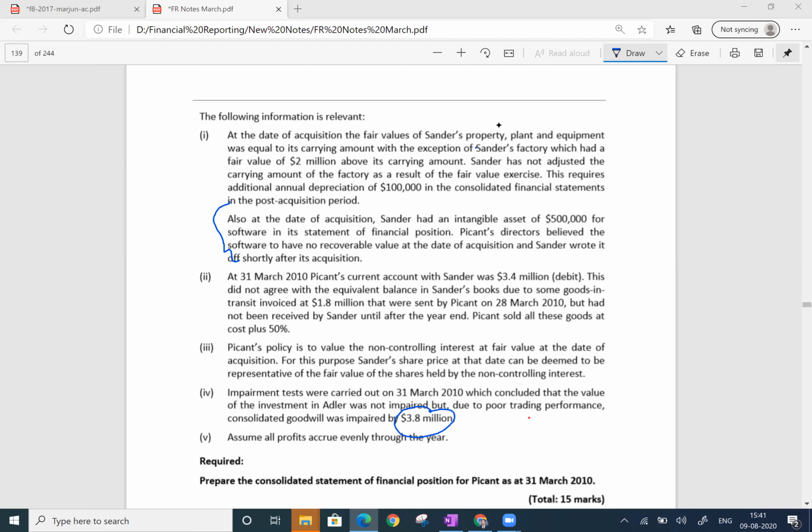But please practice. Why am I saying please practice? Because the way they present the question will be slightly different. So please practice. If you practice, you may commit mistakes. But when you read the answer, you will be able to identify where you made a mistake. Now, what you have to understand is that for section A and section B, your skill is different. For section C, your skill is different. So please practice consolidation objective type and multiple choice questions from Kaplan or BPP.